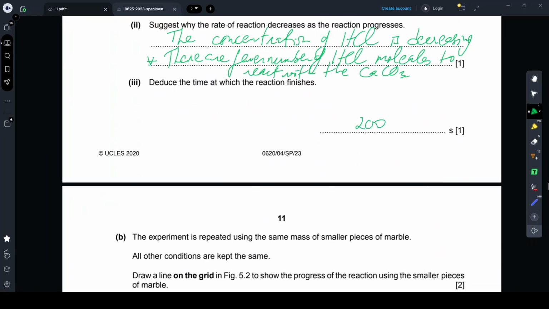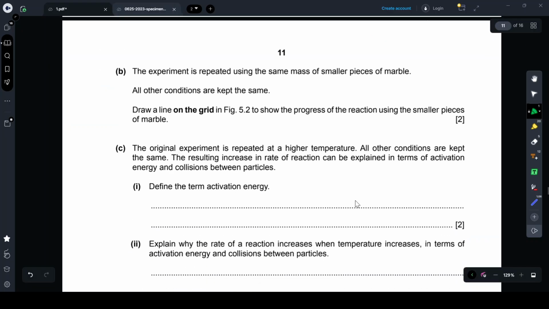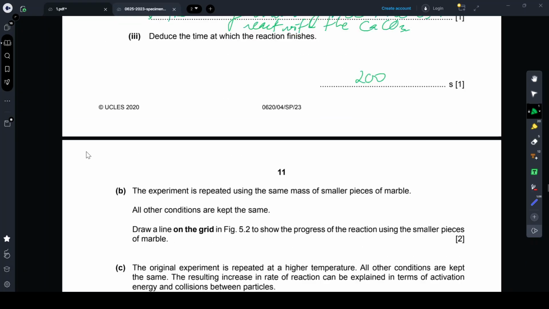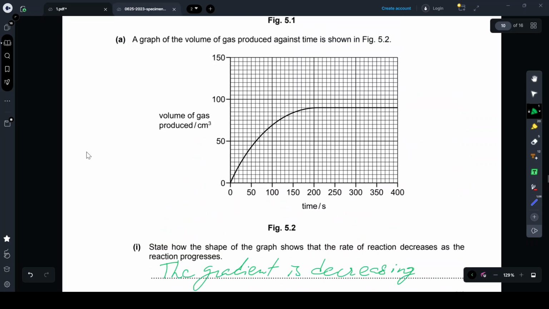200. Now, the experiment is repeated using the same mass of smaller pieces of marble. All other conditions are kept the same. Draw a line on the grid to show the progress of the reaction using the smaller pieces of marble. So where are we going to draw the line? At the gradient?